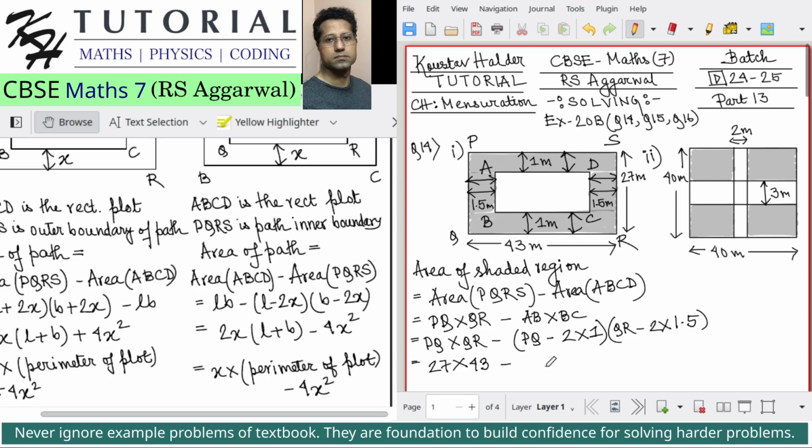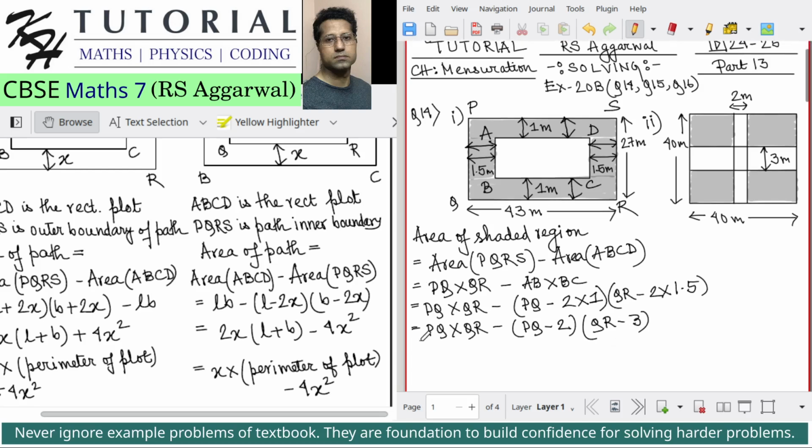Okay. So, before entering the values of PQ and QR, I think we need to simplify this, because PQ into QR will cancel out. So, let's leave it like this, PQ into QR, and simplify the second term, that is the product of PQ minus 2 and QR minus 3.